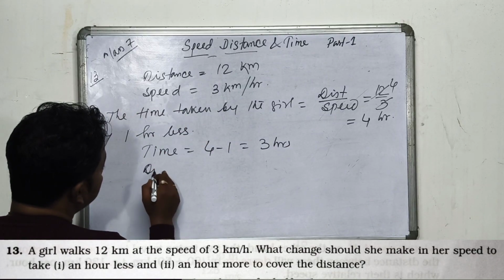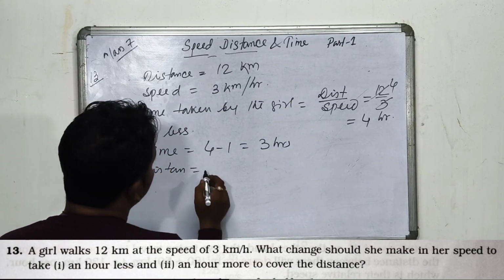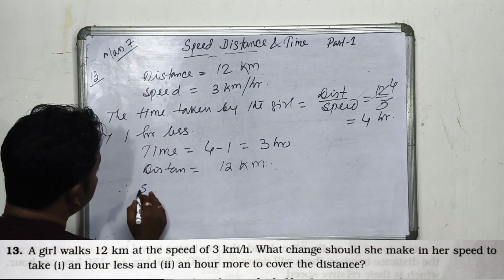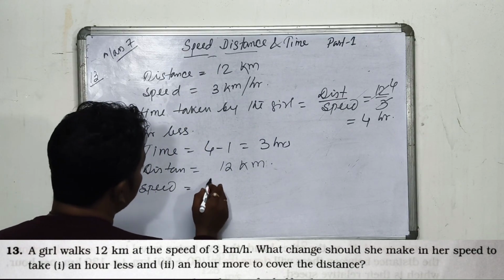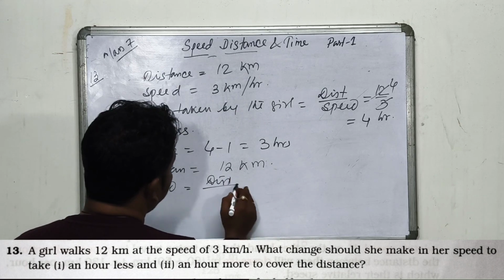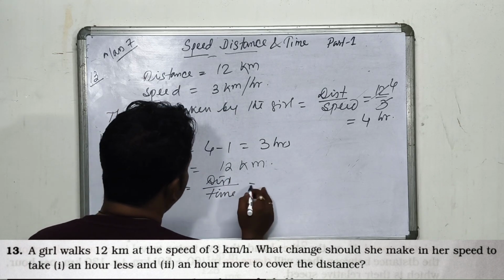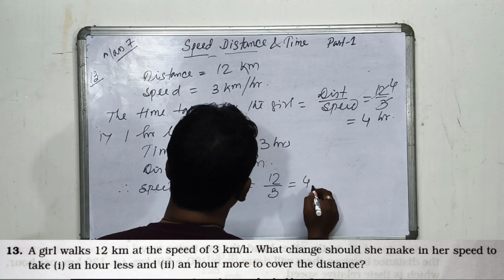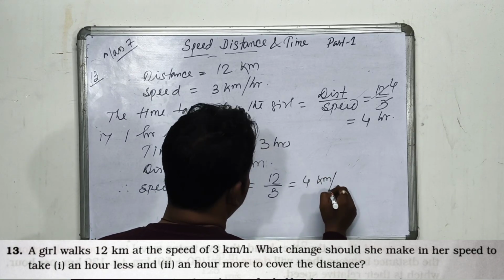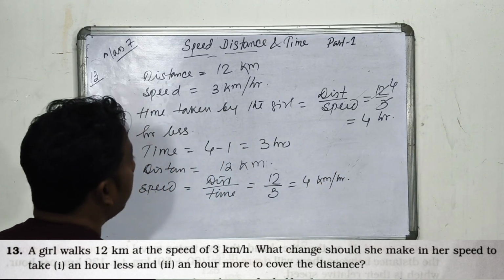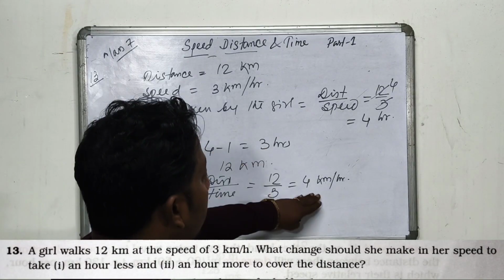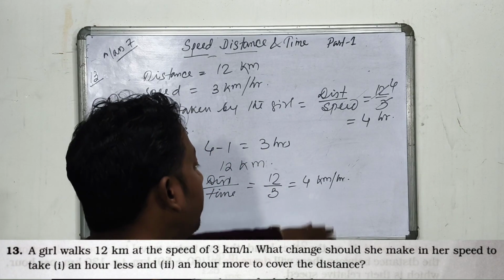And what is the distance? The distance is the same, 12 km. Therefore, what will be the speed? Speed equals distance by time, that is 12 by 3, 4 km per hour. Initially the speed of the girl was 3 km per hour. Now the speed is 4 km per hour.